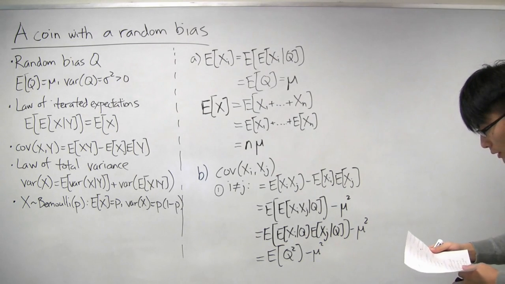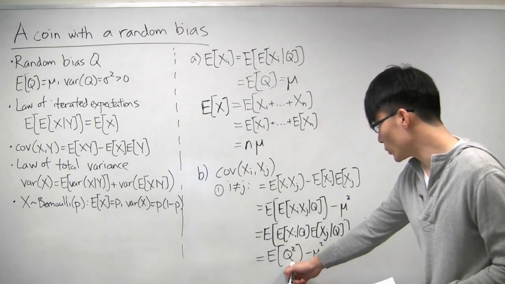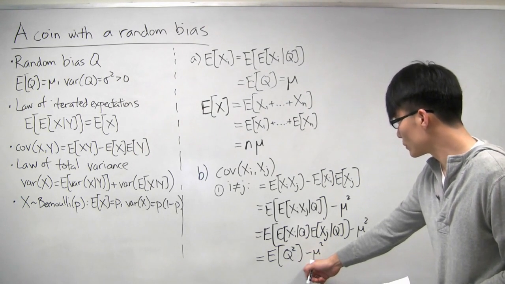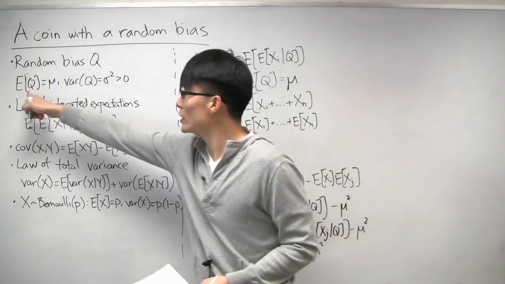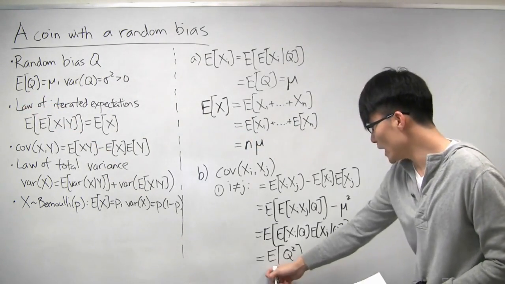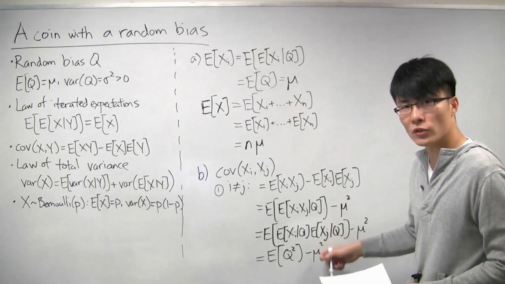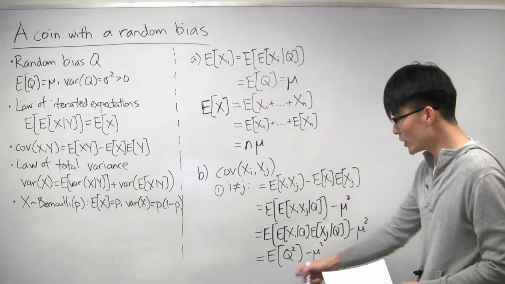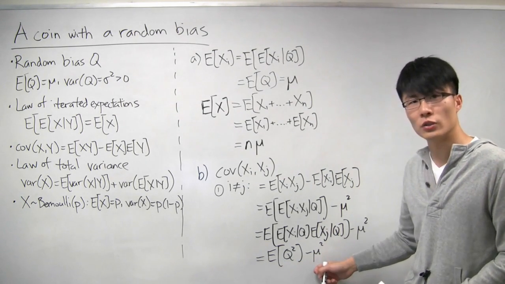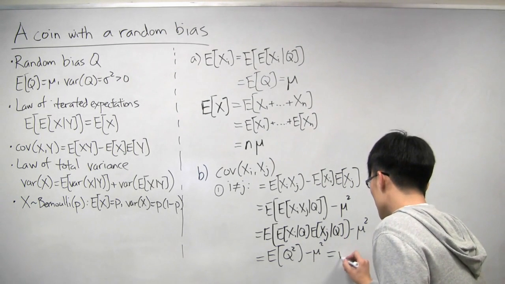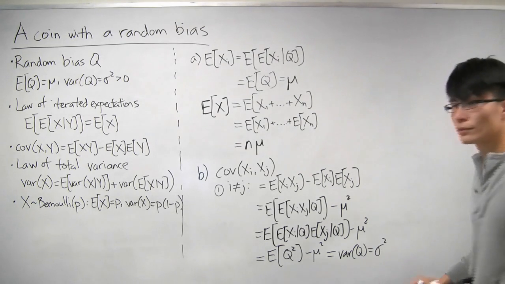Remember, we're told that mu is the expectation of q. So what we have is the expectation of q squared minus the quantity expectation of q, squared. That is just the definition of the variance of q. So this is exactly equal to the variance of q, which we're told is sigma squared.